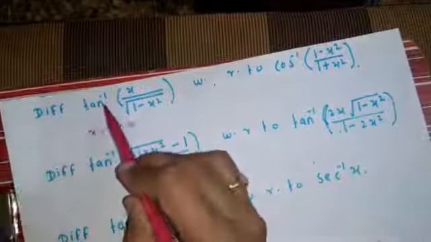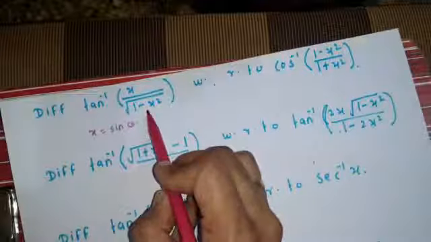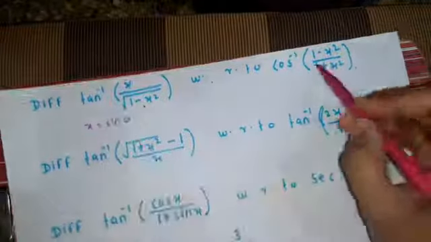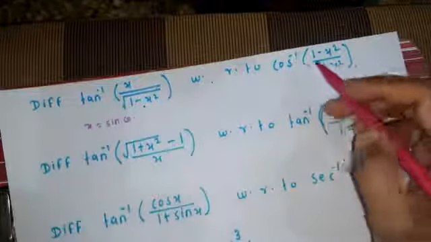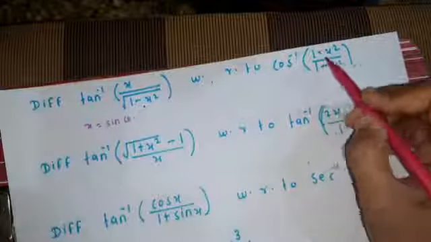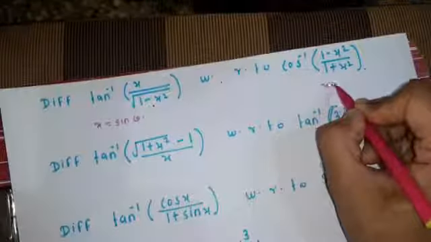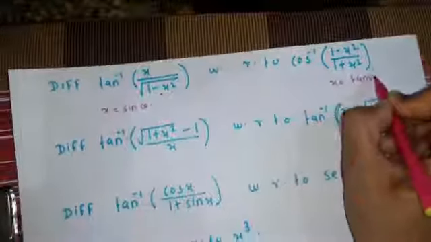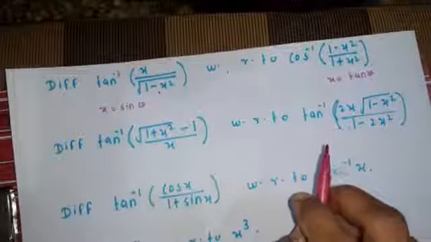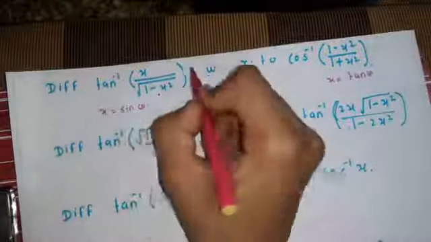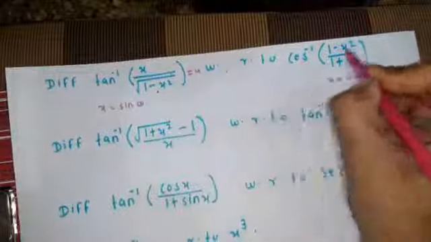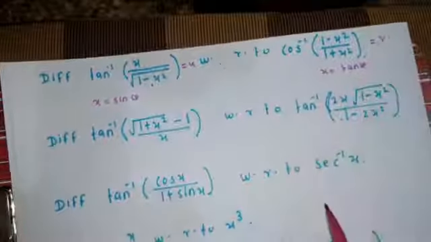So this is tan inverse of sin theta upon cos theta. And here, we have just solved that type of problem, cos inverse. Here put x equal to tan theta and you will get it simplified. Okay, this is the function u and this is the function v.